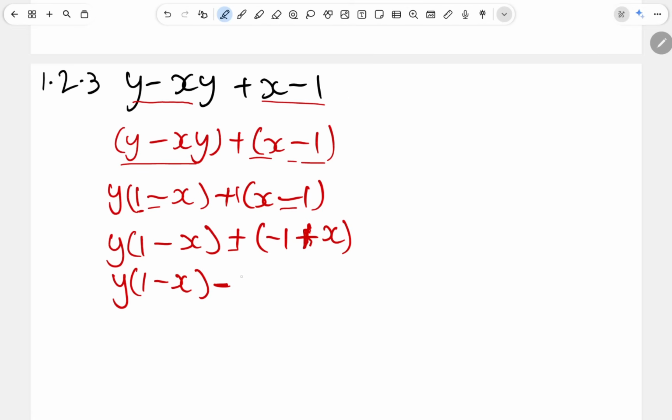And then in the bracket, we will be left with 1 minus x, because when you multiply negative 1 with 1, it will give you negative 1. And then when we multiply it with negative x, it will give you positive, because negative multiplied by negative is equal to positive.